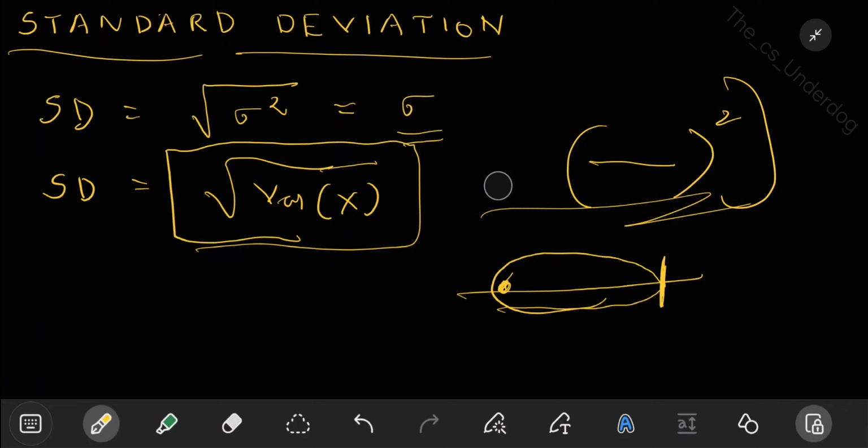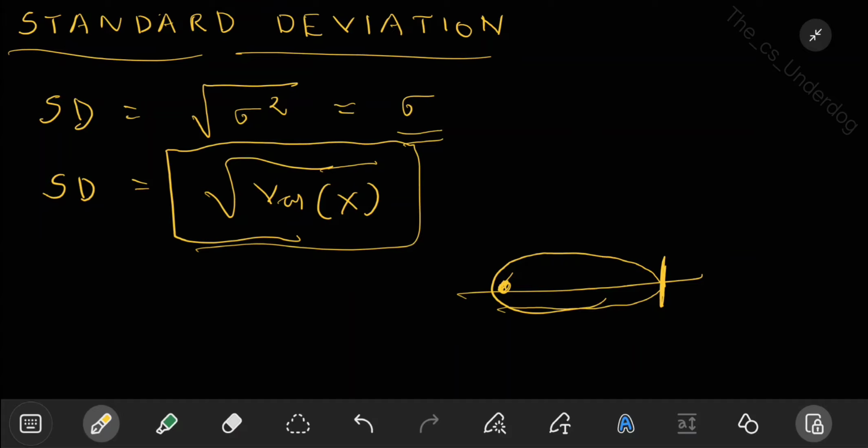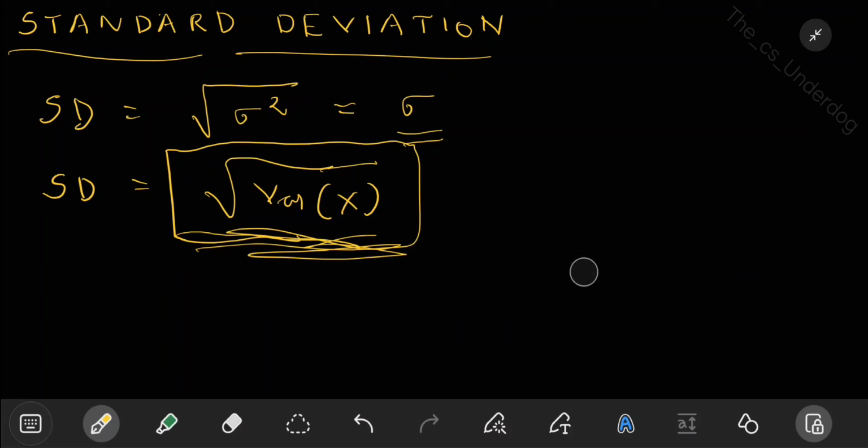That is what you did in variance. But in standard deviation, you are taking the square root of that term, which means you're bringing this back to the normal scale. Instead of the magnified squared scale, you're bringing it back to the normal scale by using a square root. So variance is generally denoted by sigma square, okay? And standard deviation is denoted by sigma, which is the square root of sigma square.